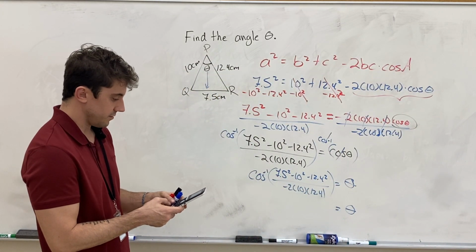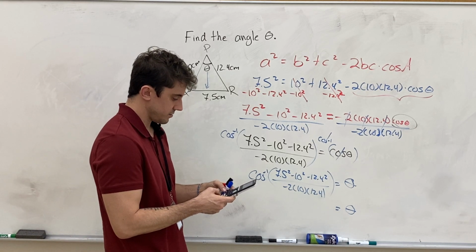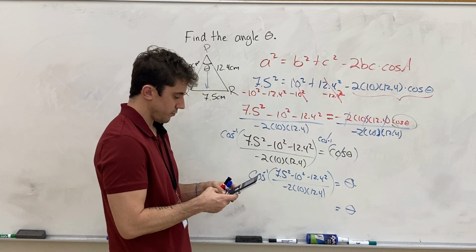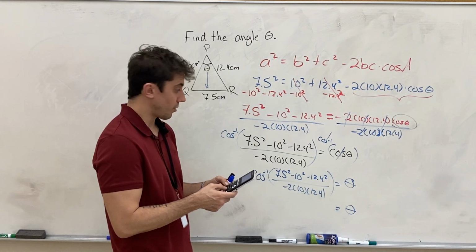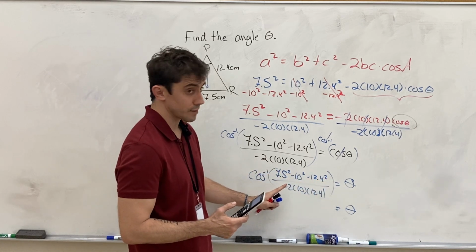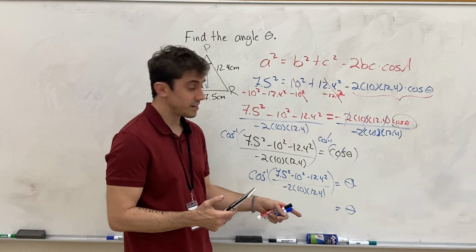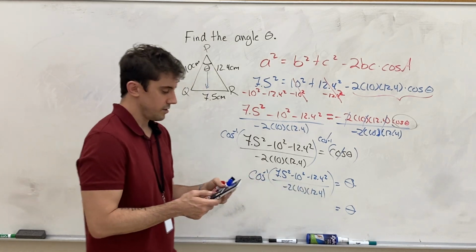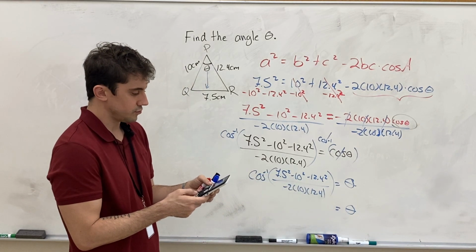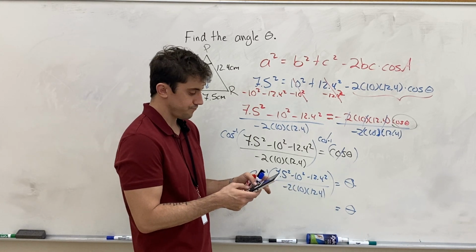we'll have the inverse cos of 7.5 squared minus 10 squared minus 12.4 squared over negative 2 times 10 times 12.4. Be careful with your brackets also. You might want to put a bracket over the numerator and also separately over the denominator to make sure everything is being divided properly, right? And then take the inverse cos of all that. Super important to put this into your calculator properly.